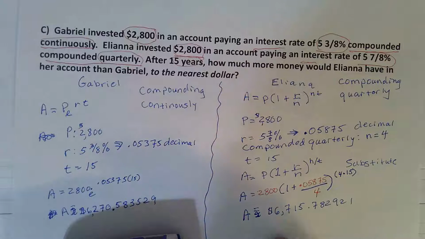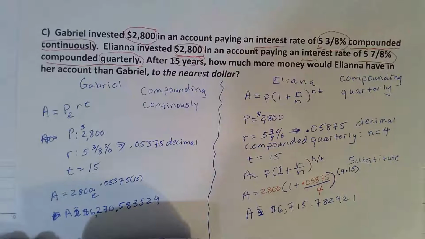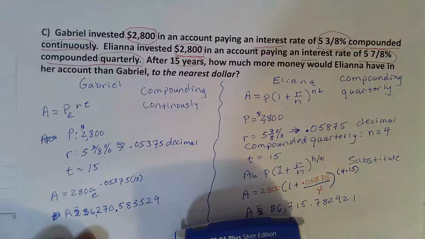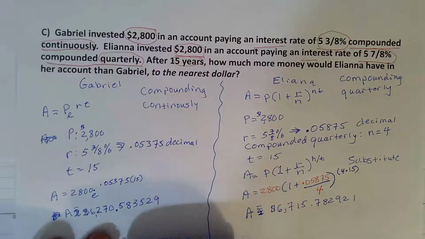So I've got the larger amount, 6715.782921, minus Gabriel's amount, 6270.583529. Hit enter, and I get 445.